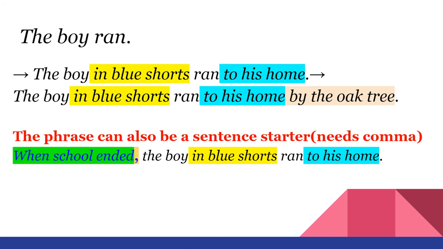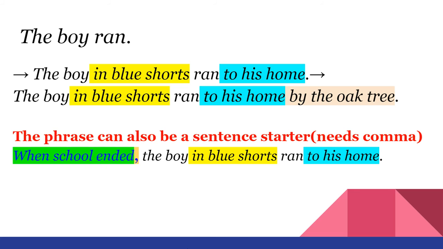The only difference is when we put that prepositional phrase at the beginning, when we wrote when school ended, we have to put a comma before the rest of that sentence. Because that phrase is not a complete clause by itself, we need to put that comma there to follow the right rules of grammar.